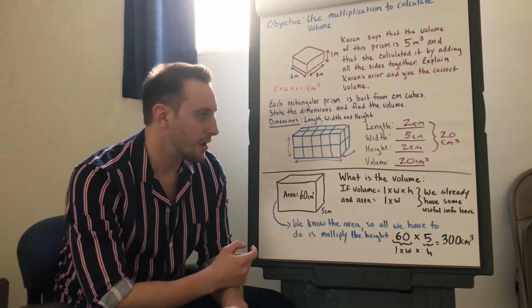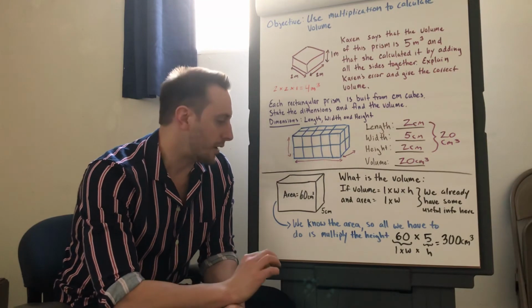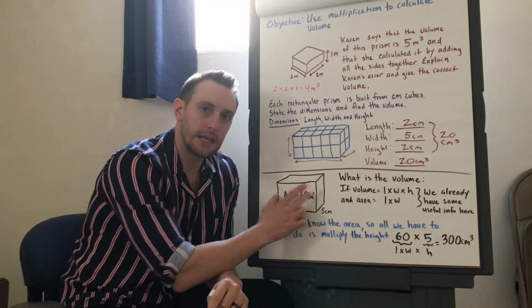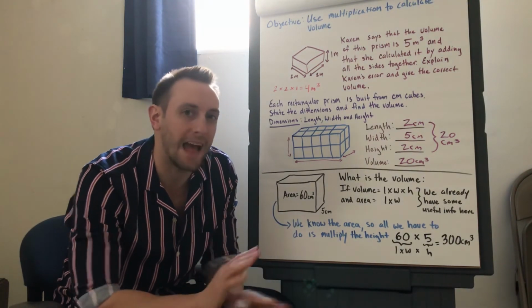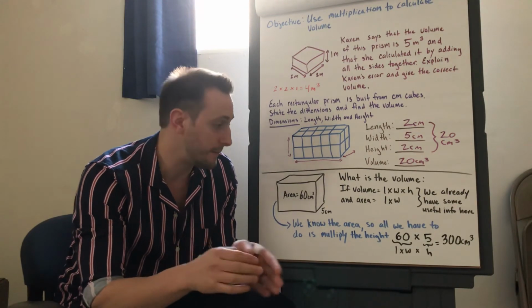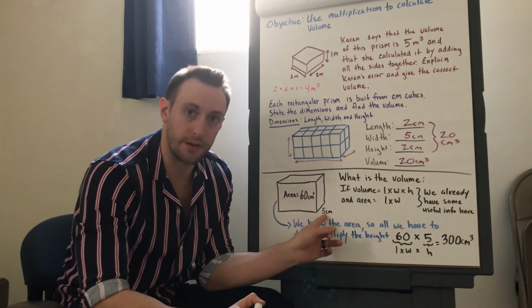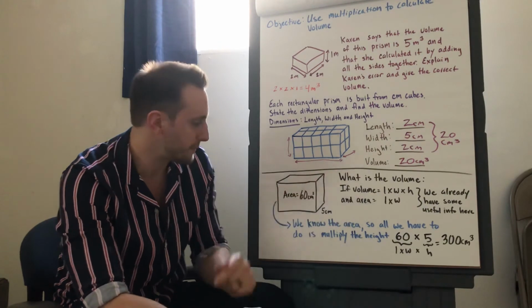Well, we already have some useful information here, which is that this already gives us the area. Remember, to find area is length times width. So we already know the length times width. The only thing we need to do is multiply by this extra number that's given, which in this case we'll call the height.